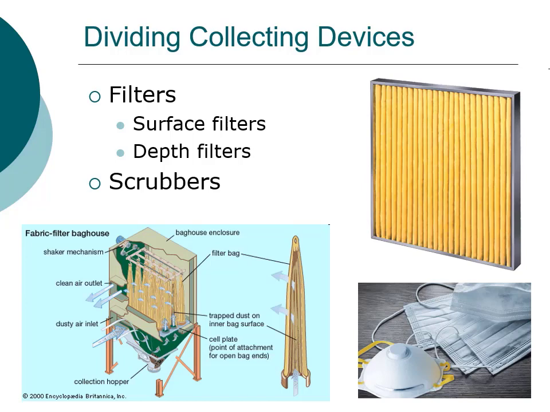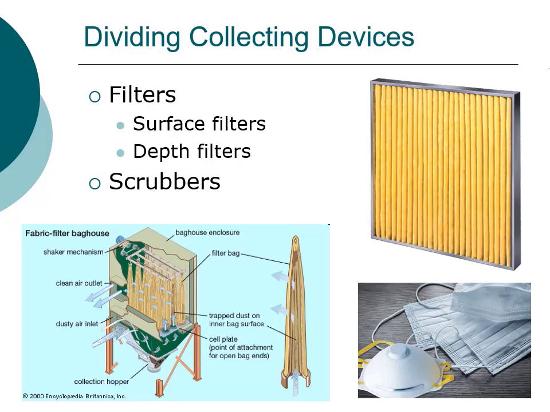So surface filters, a common surface filter is the coffee filter that you may have in your home. It can be a furnace filter, the lint filter on a clothes dryer, a mask. Depth filters include cigarette filters, where the entire depth of that filter is used for removal of particulate matter.